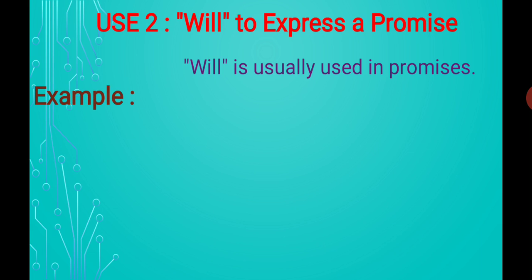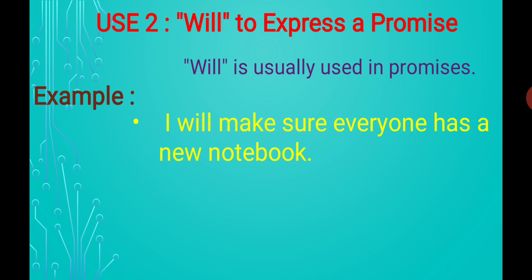Let's see the examples for better understanding. I will make sure everyone has a new notebook. Then I promise that first of all I will check that everyone has a new notebook or not. It is my promise. Then I will do something new, right?